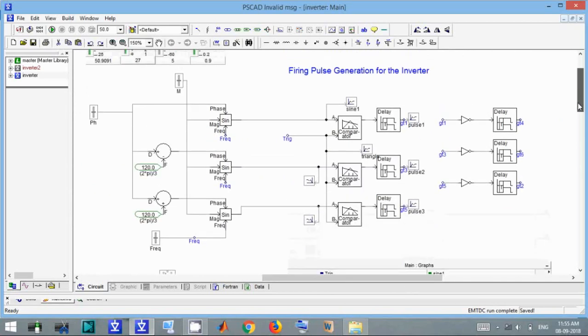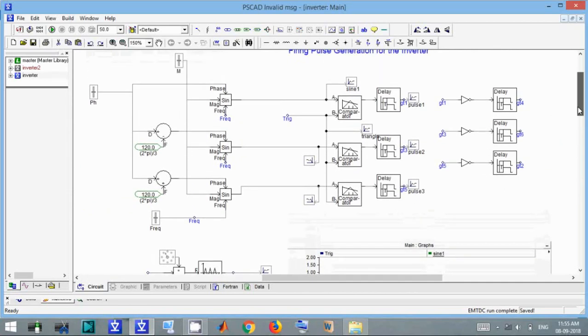Here a sinusoidal waveform is compared with a triangular waveform with a higher frequency, a multiple of the fundamental frequency. If we run this, it will be more clear.